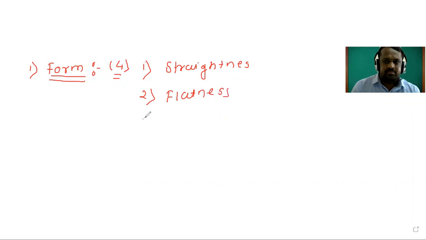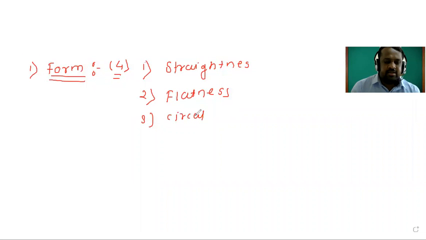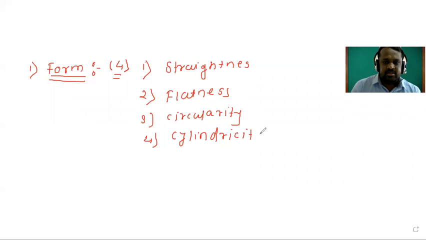Third is circularity, and then cylindricity. These are the characteristics of form geometrical tolerances.